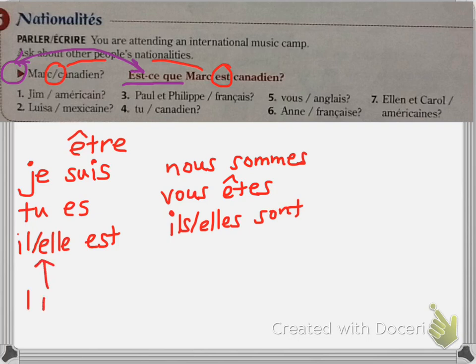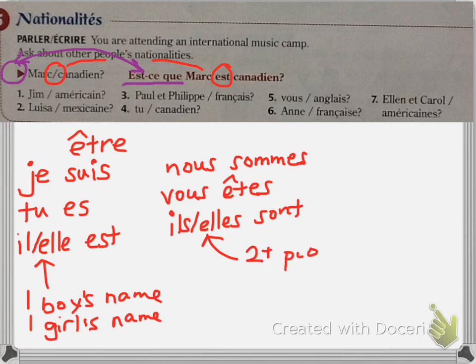This can be one boy's name or one girl's name. And here it doesn't have to be ils or elles, pluriel. It could be two or more people's names. Okay. So again, I want this to be one that you say out loud. I'm going to give you a moment to ask the question, and then you will hear me so that you can see whether you did it correctly.